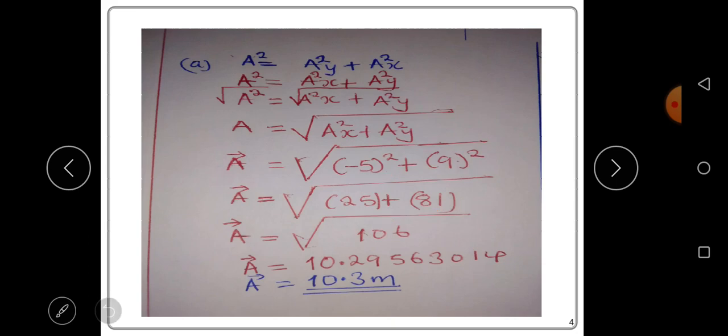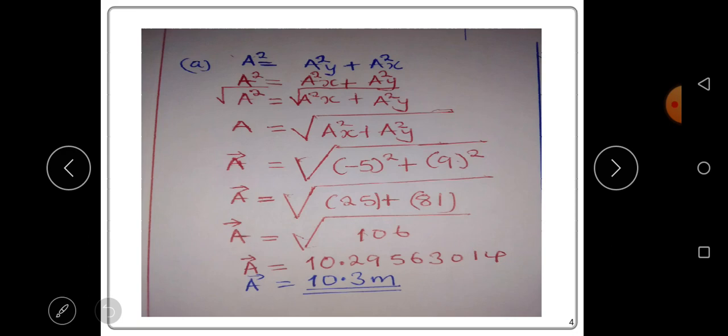When you use your calculator, 25 plus 81, you get 106. So to find the magnitude of vector A, you have to find the square root of 106.